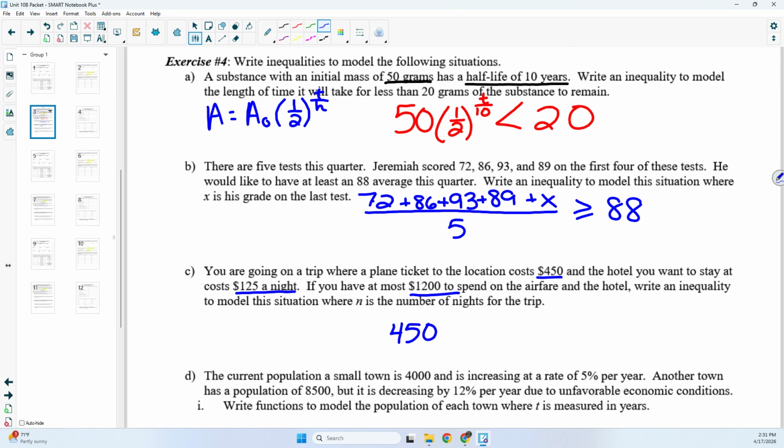So that's my B value. And I have $125 per night, so I have to multiply that by n. And that's going to model my cost. I have at most $1,200, so I could spend $1,200 or less, so that's a less than or equal to sign. So this is just an example of how we can take different problems we've done and model them with inequalities.